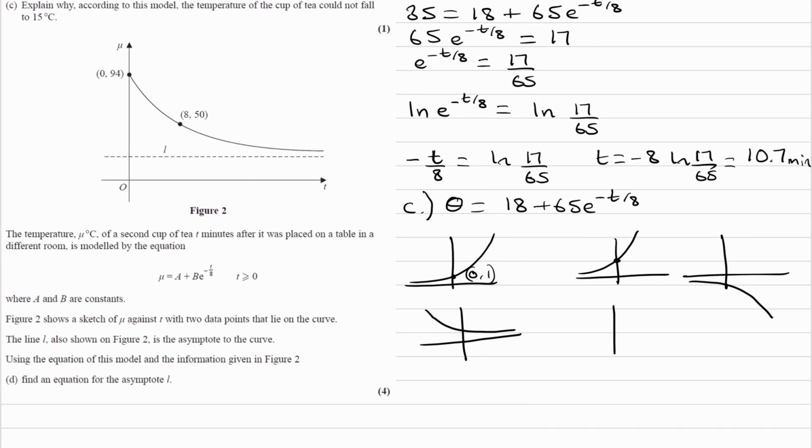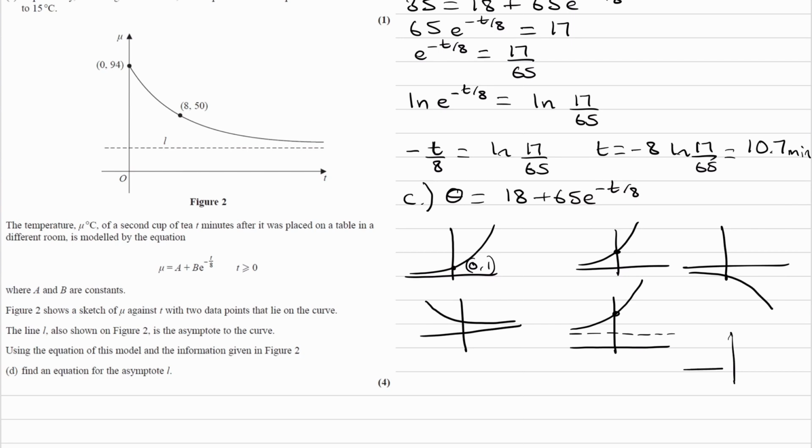And you could also shift the graph up or down, so if this is your x-axis, we could have our asymptote be shifted upwards, and then the graph could look something like this. And that's what happens when you add a number to the exponential. So there's a variety of graphs which you could have. Maybe you have an asymptote like this, and then the graph approaches the asymptote like that.